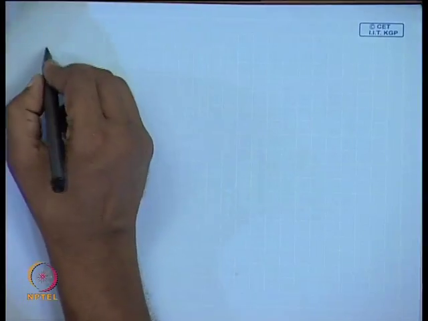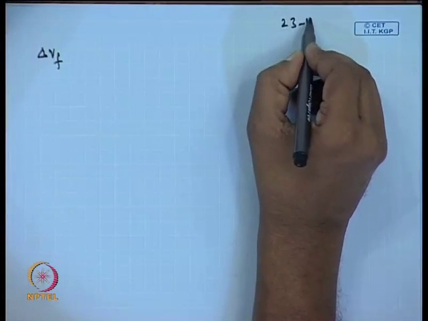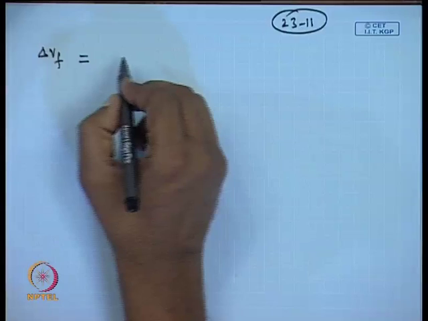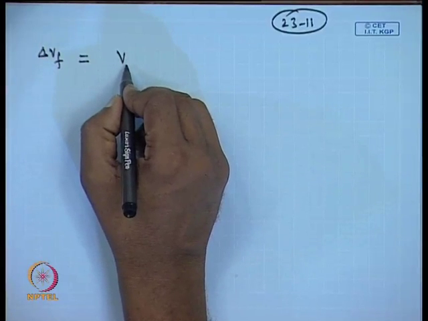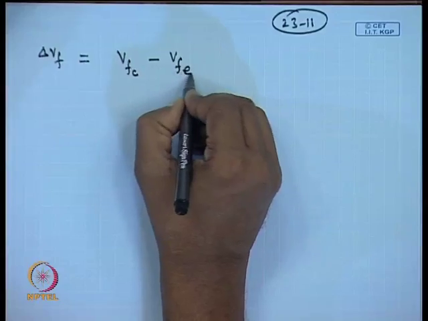Okay. Once we have got this, now delta VF will be equal to V final in circular orbit minus V final in elliptical orbit.